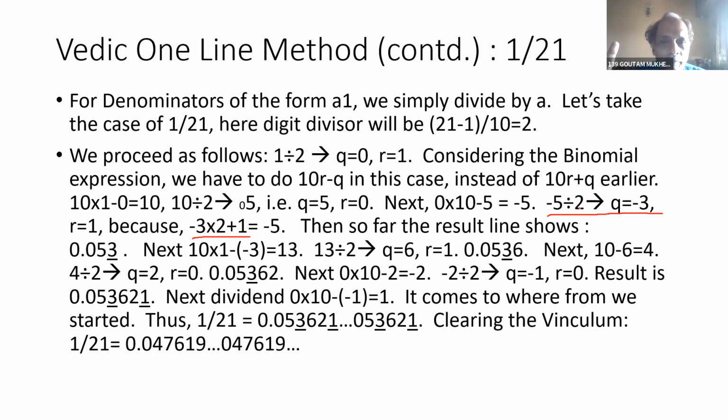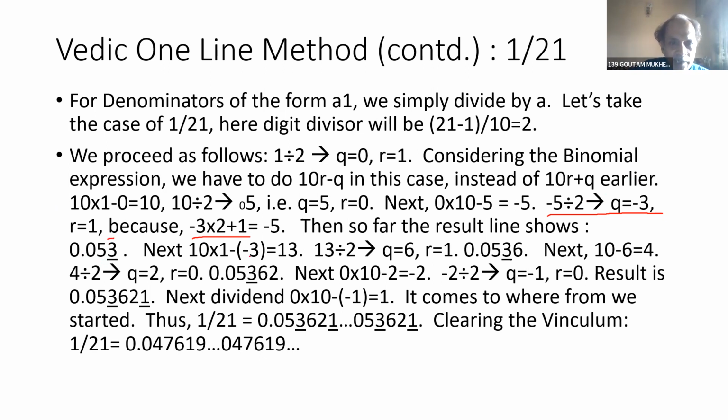As I told you, in basic mathematics we handle positive and negative numbers as the same person. So it is minus 5. When you divide it by 2, quotient is minus 3 and remainder is 1. Minus 3 into 2 plus 1 is minus 5. So far the result was 0, 5, and 3.